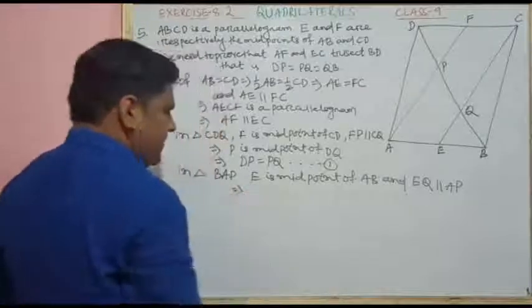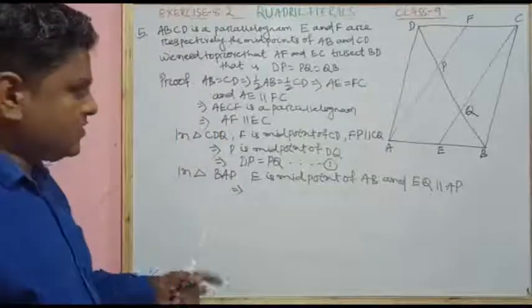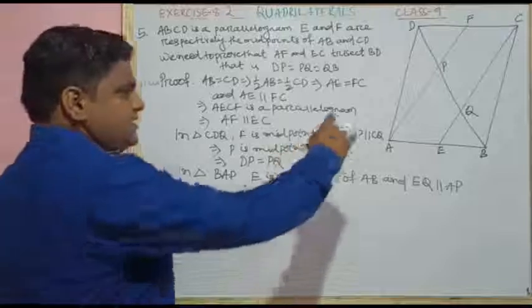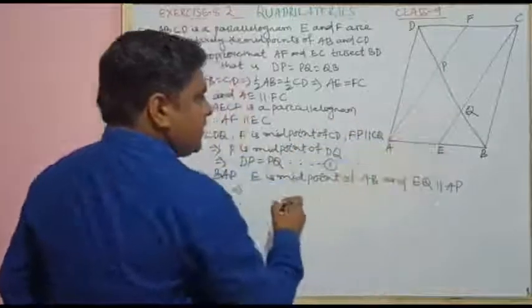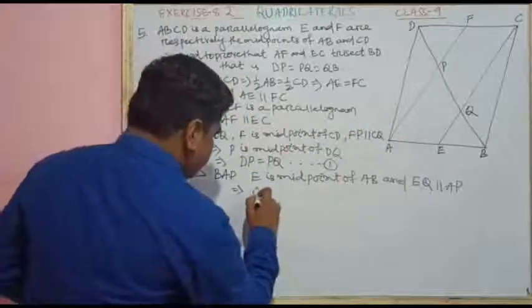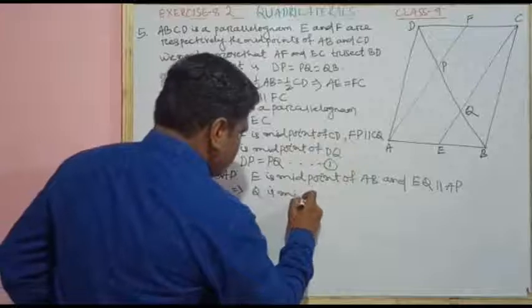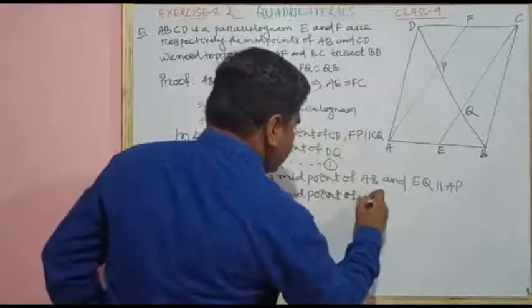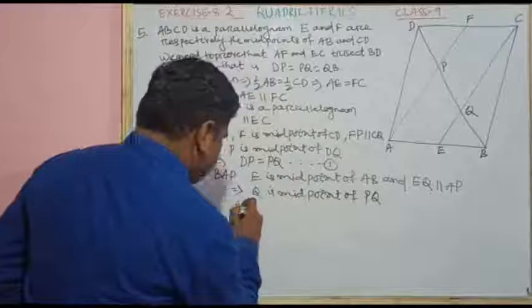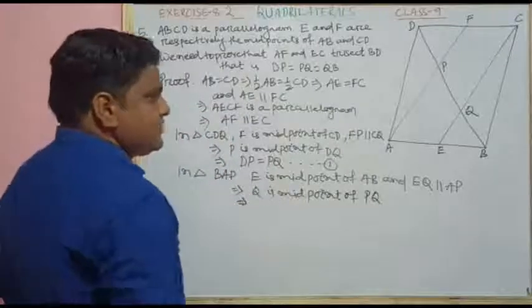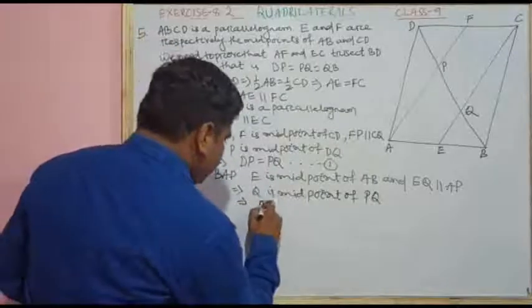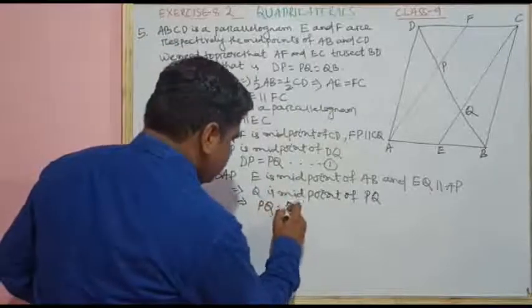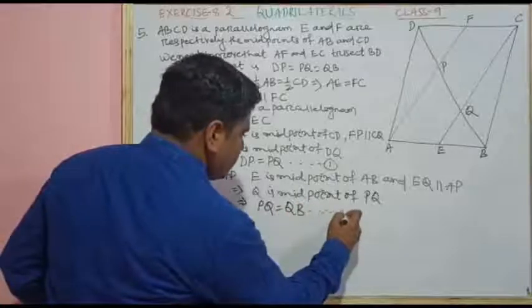This implies that by the converse of the midpoint theorem, Q is the midpoint of PB. If Q is the midpoint of PB, then we can write PQ is equal to QB. Let it be equation 2.